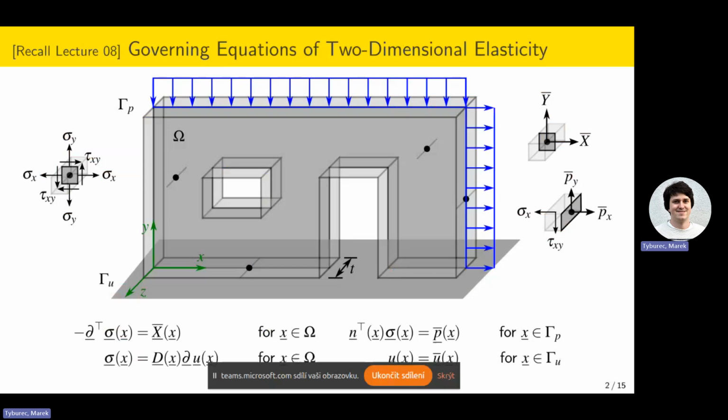Then we have this second one, which again holds for all points within the domain, and that's some kind of material law. And then we have this equation that enforces the boundary condition for the problem. But we talked about it already, so I just want to recall this.